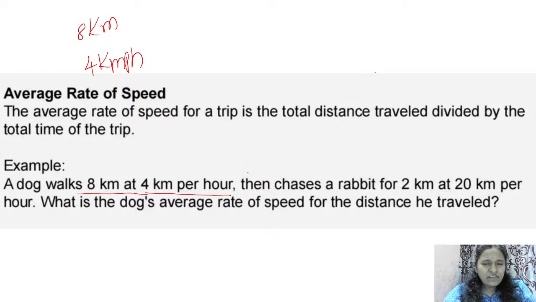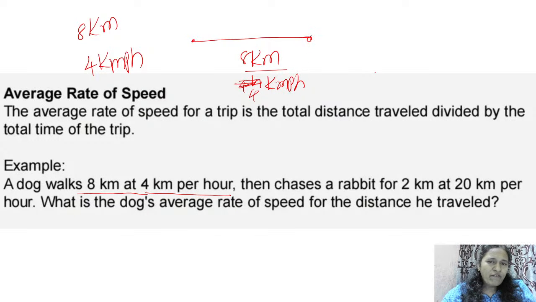Then this dog, going 8 kilometers, initially walked 8 kilometers at the speed of 4 kilometer per hour. After traveling 8 kilometers, it chases a rabbit. Here there is a rabbit, and it chases the rabbit for 2 kilometers.